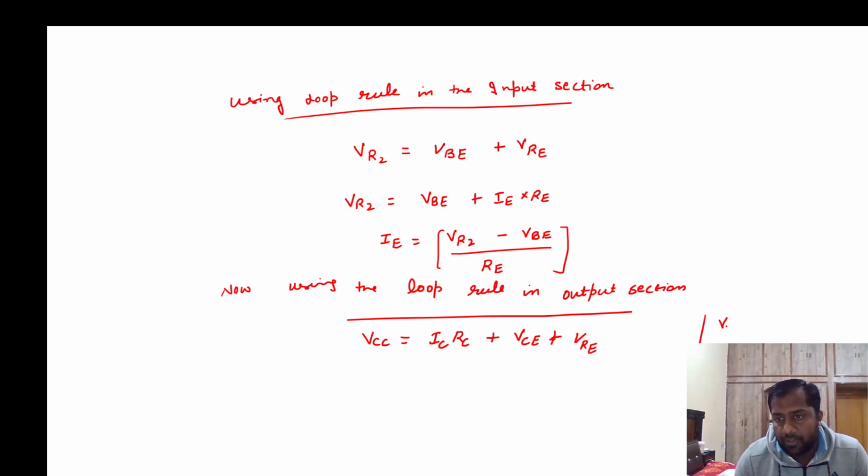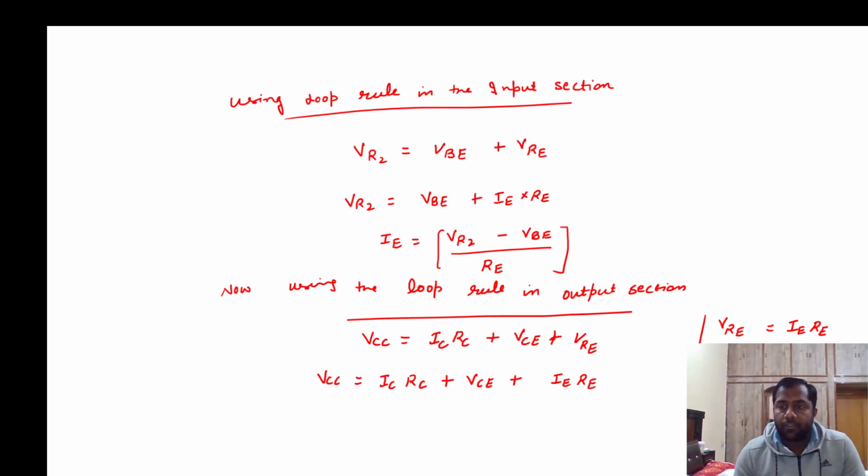And if we write VRE, what is this? This is IE RE. Clear? So by substituting the values, VCC is equal to IC RC plus VCE plus IE RE. And also, what is IE? IE is basically IB plus IC.